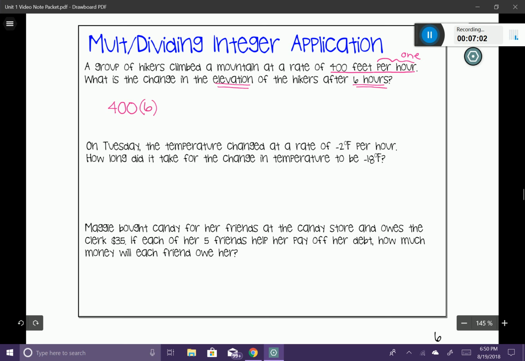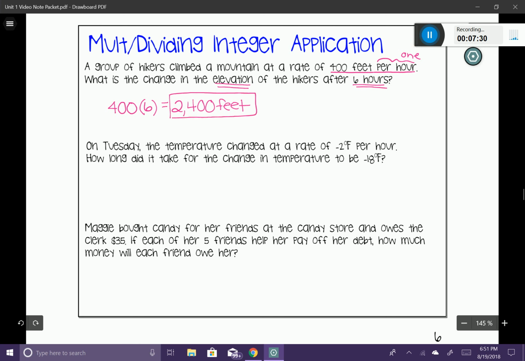Because if for every 1 hour they're going 400 feet, can't we just multiply 400 times 6 to give us how many feet they're going to be walking in 6 hours? That's going to give us 2,400 feet. Not feet per hour, it'll be 2,400 just feet. That's how high they're going to climb in that given 6 hours.